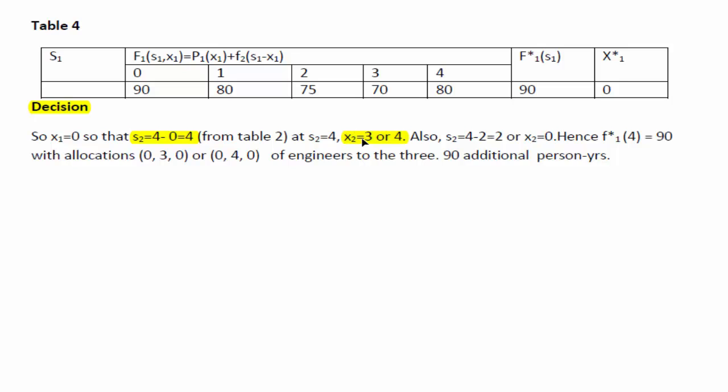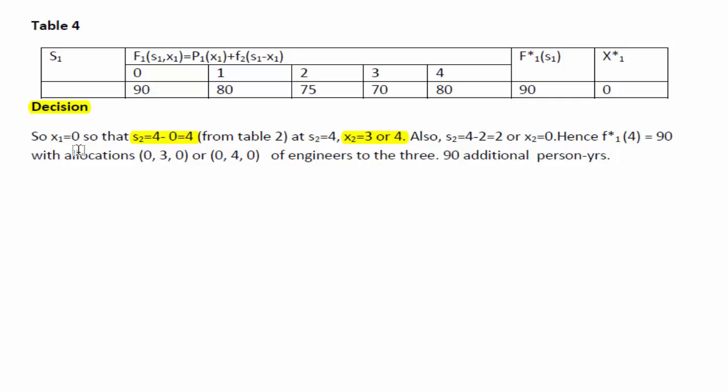Okay, if x2 is 3, for example, that means whatever is left for country 3 is 4 minus 3, which is 1, or 0 if it is 4. Okay, remember what we did that time. Now there are 4 available.